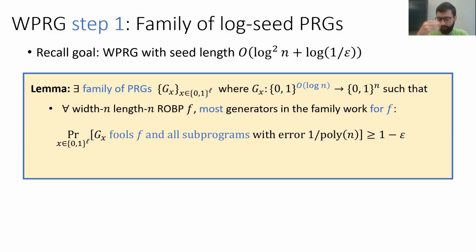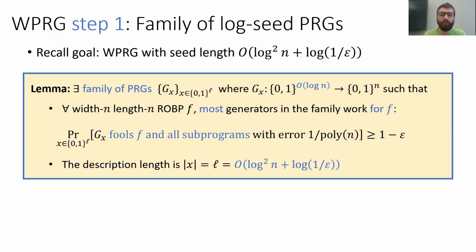Or actually, in more detail, if we pick x at random, so we're sampling a random generator from the family, then with very high probability, except with this tiny failure probability epsilon, that's like the inverse quasi-polynomial error that we're shooting for in the end, the generator G sub x fools that branching program f and all of its subprograms for that matter with this moderate error, like inverse polynomial error.